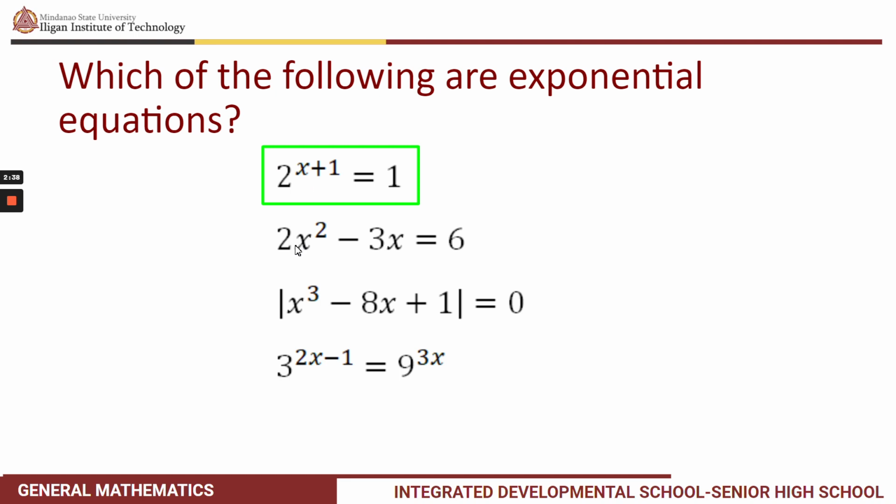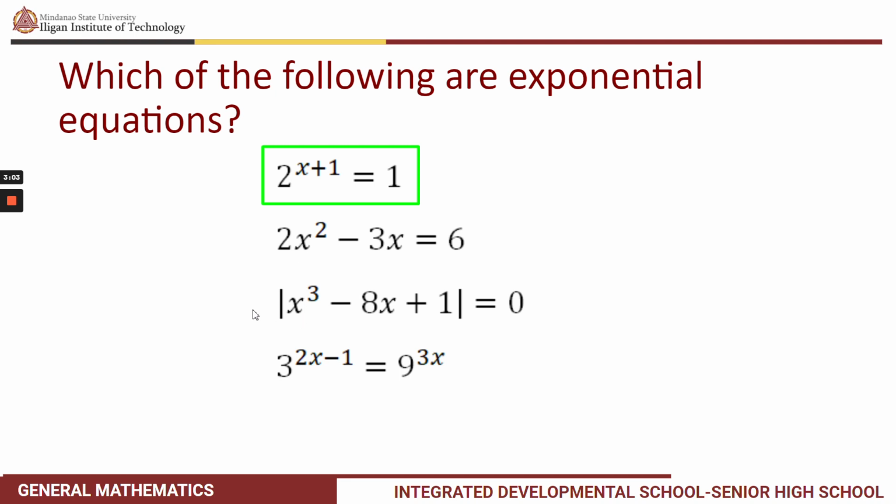The second one, no, because we don't have an exponential expression here. Yes, we have x squared. However, x could take negative values, real numbers. So we restrict that our base should be positive and not equal to 1.